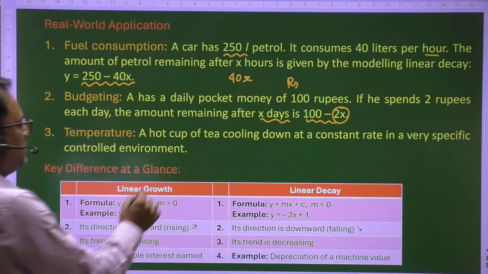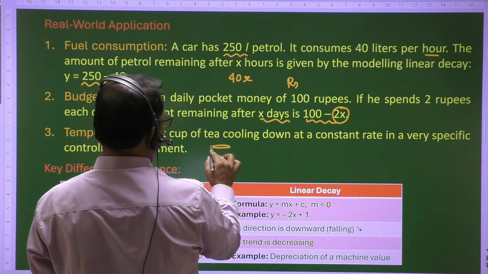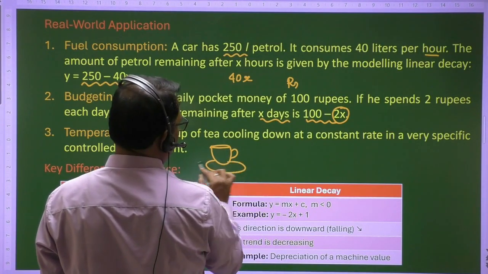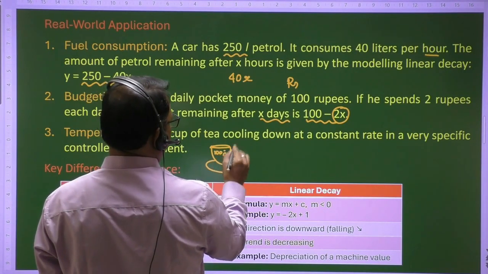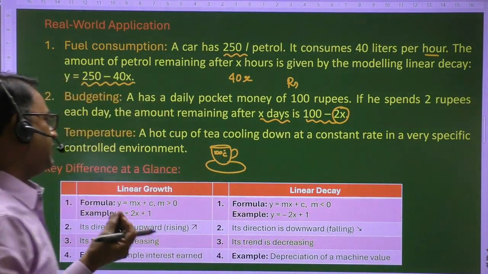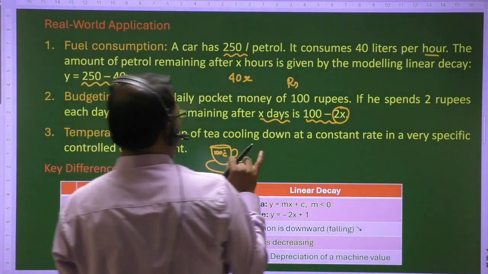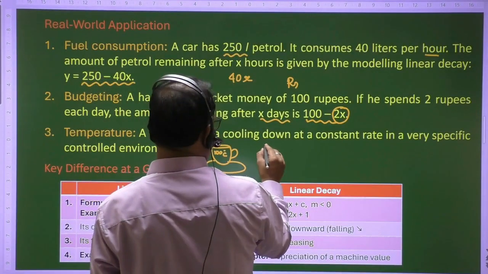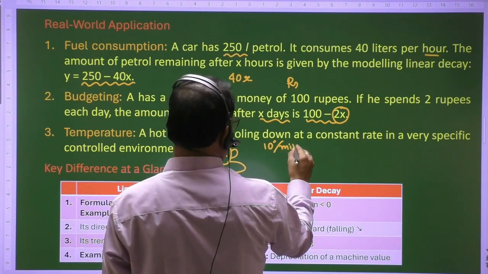Now suppose you have a cup of coffee or tea and its temperature is 100 degrees C, and the temperature is decreasing at the rate of 10 degrees per minute.